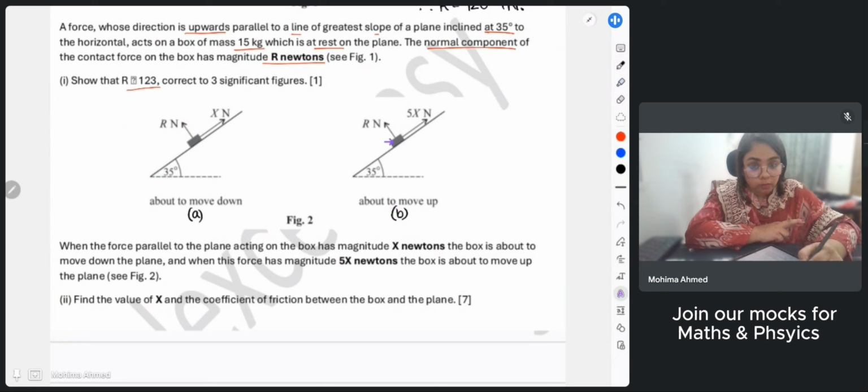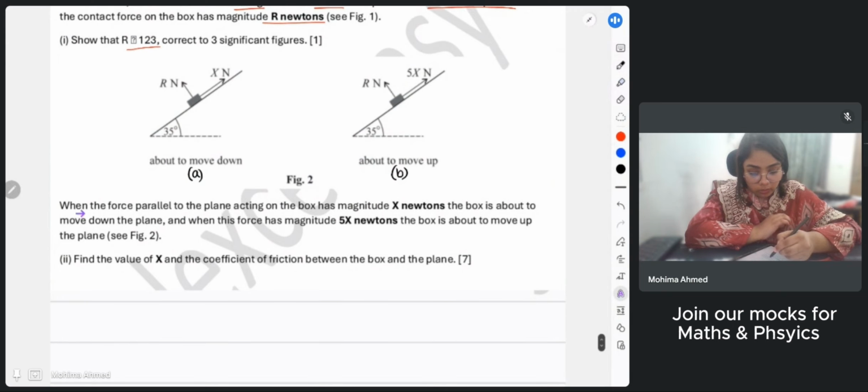And obviously over here, it was about to move, right? Maybe it was stated somewhere when the force parallel to the plane acting on the box is magnitude x Newton, the box was about to move down the plane. About to means that the value of your acceleration is still 0, but it's about to move downward, right? In that case, friction is going to act against the motion in the upward direction for figure 2A.